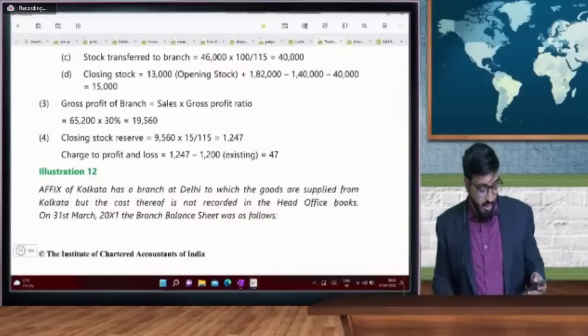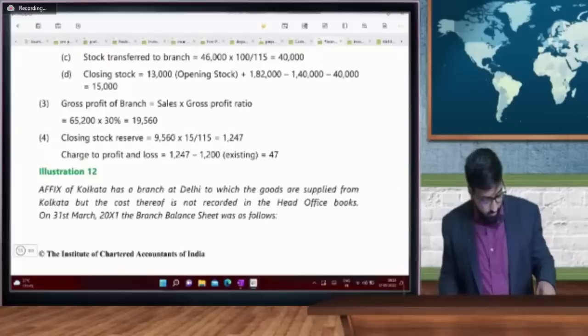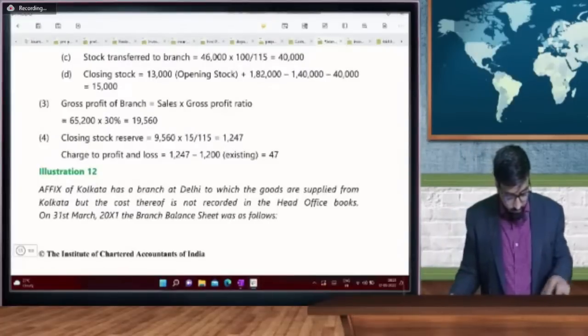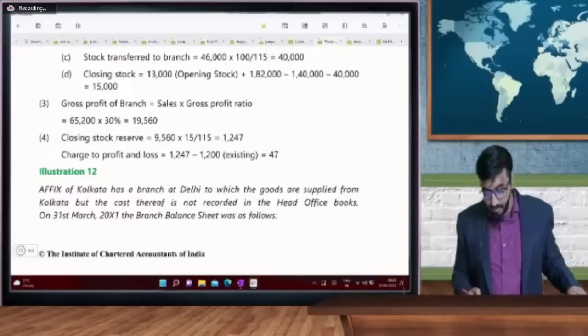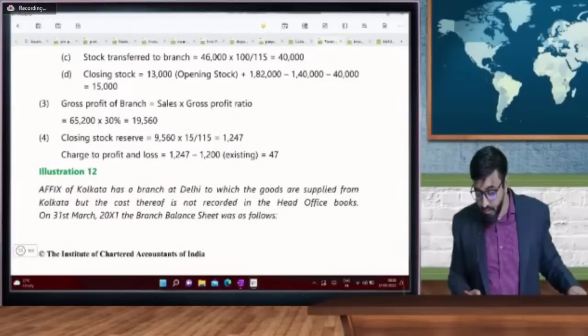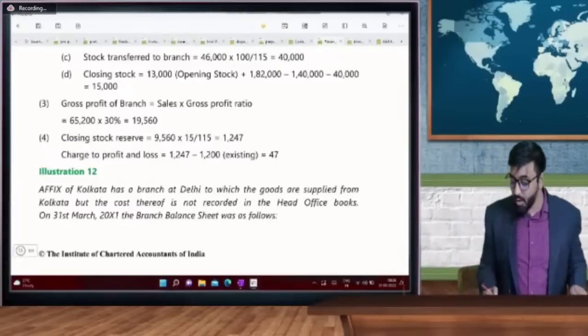Illustration number 12. A firm of Kolkata has a branch at Delhi to which goods are supplied from Kolkata, but the cost thereof is not recorded in the head office books.